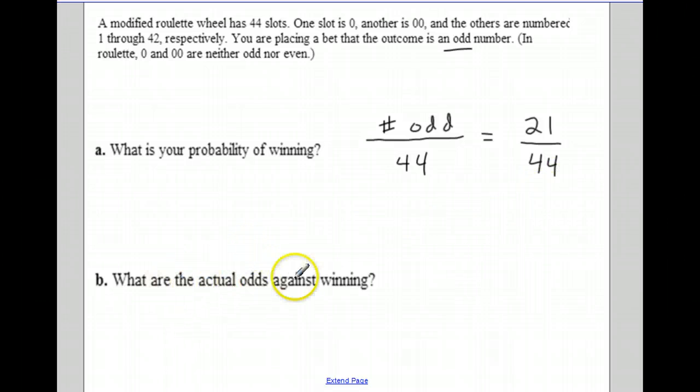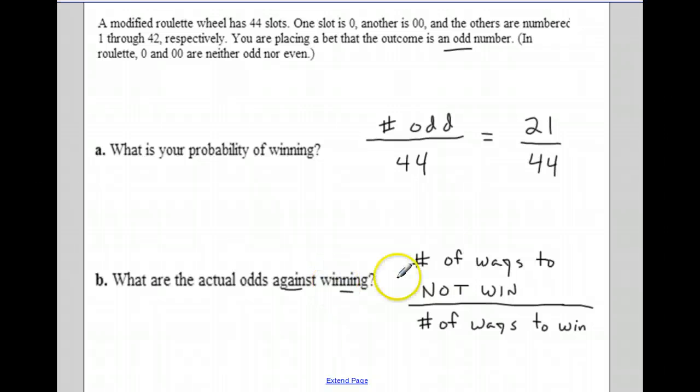Okay, now what are the actual odds against winning? Alright, the odds against winning is equal to the number of ways. In this case, you could do probabilities as well, but it's the number of ways you don't win. Alright, so the number of ways to not win divided by the total number of ways to win. Alright, well, we know the number of ways to win is there's 21.